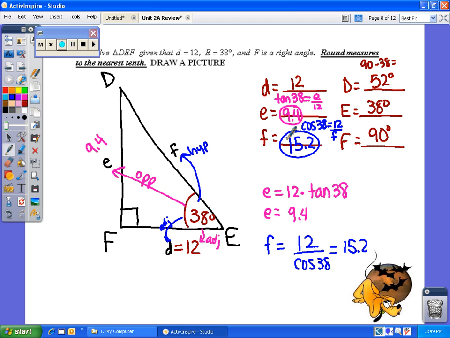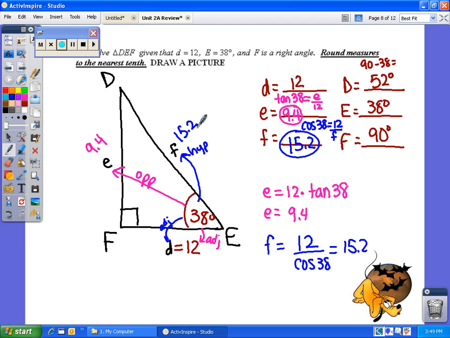Now, if you wanted to check D to make sure that you pretty much have the right answer, but you don't have to, you could have done SOHCAHTOA just to see. But since our answers here are in rounded decimals, it's best just to do 90 minus 38. It's the easiest thing to do.